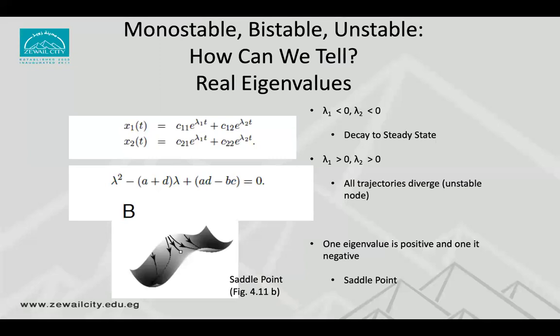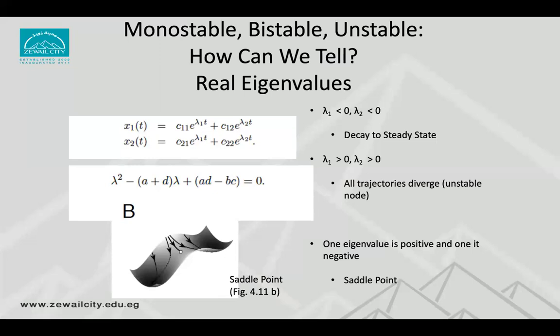Now, this is all assuming real eigenvalues. If you have complex eigenvalues, then what happens? What does the imaginary part give us?